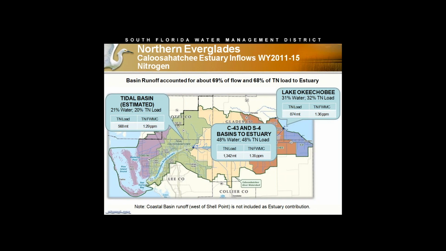You can look at this graph and see the lion's share of that nutrient loading and the water is coming between Franklin Locks and Lake Okeechobee. Approximately 50% of the nitrogen is coming from that watershed. About 20% of it is coming from west of Franklin Locks, the more urbanized areas and some of the more agricultural areas in Lee County.